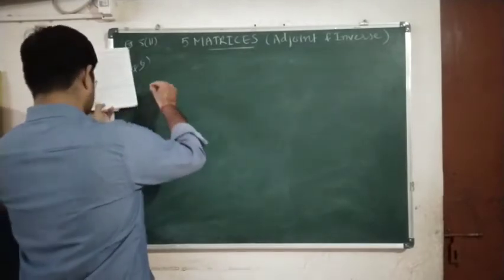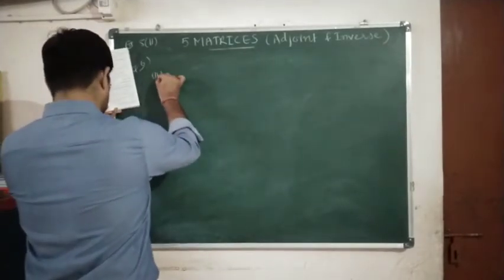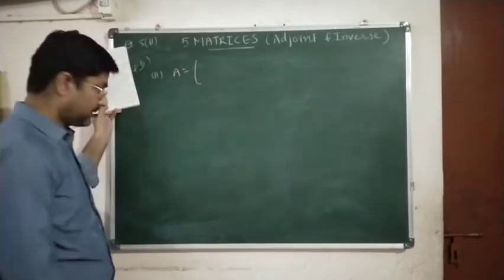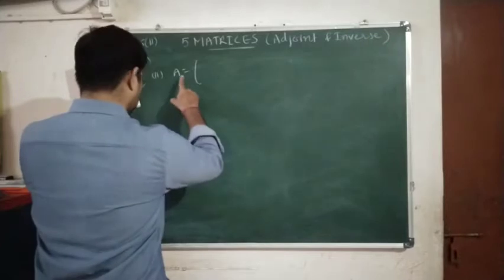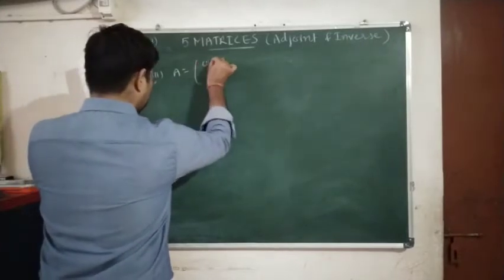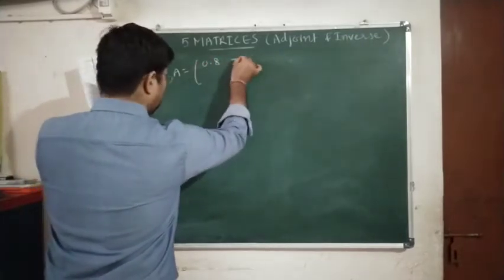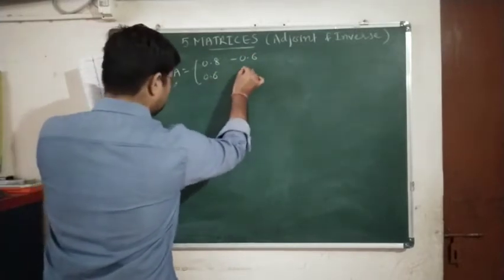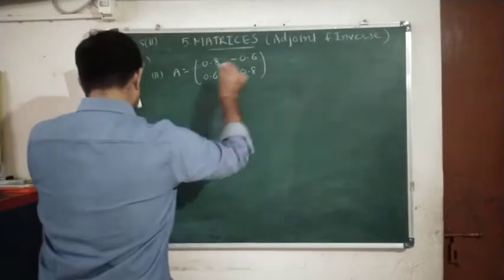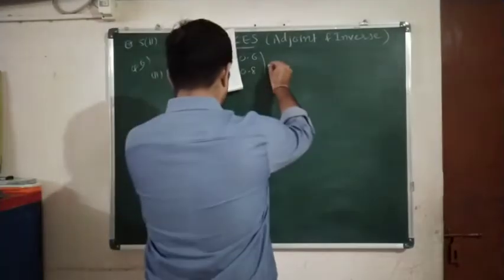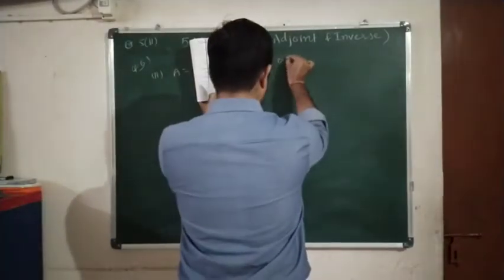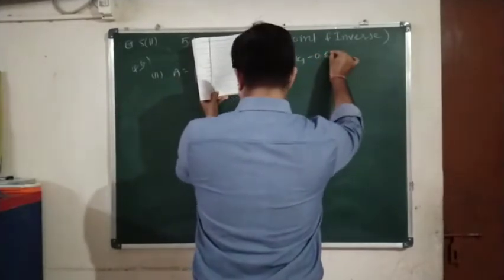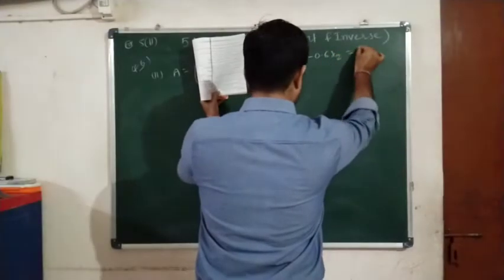We are given a matrix. Let us name that matrix A. So matrix A is [0.8, -0.6; 0.6, 0.8]. Okay, we have to find the inverse and then find the solution of the given system of equations.